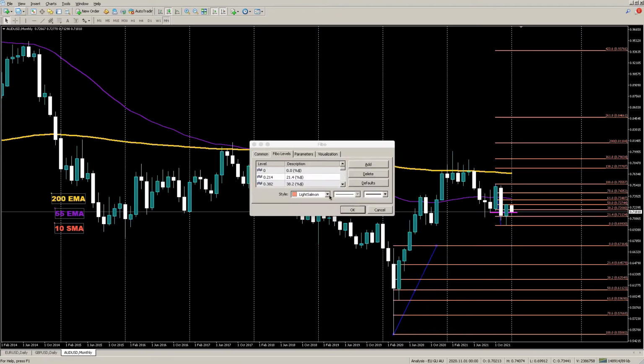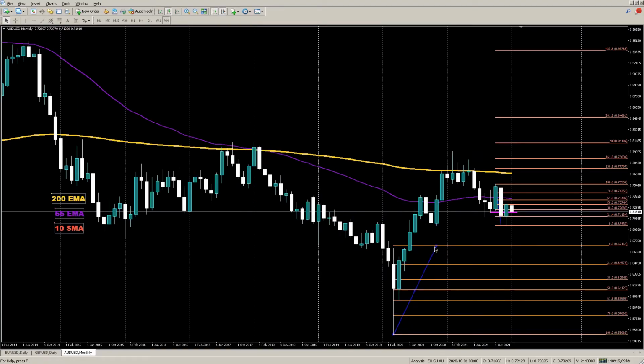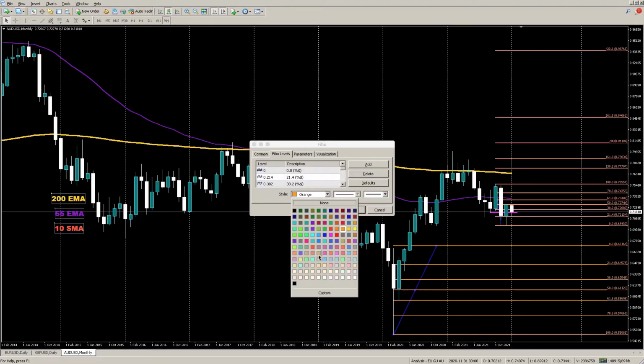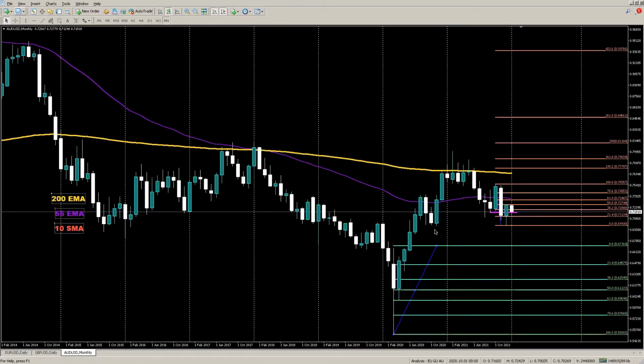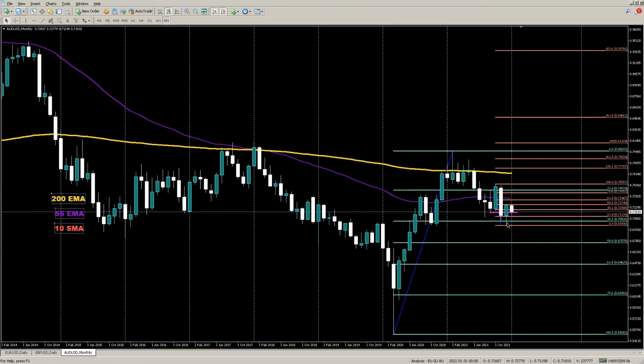Let's change this color so that it's easier to see here. Okay, right at the 38 fib.